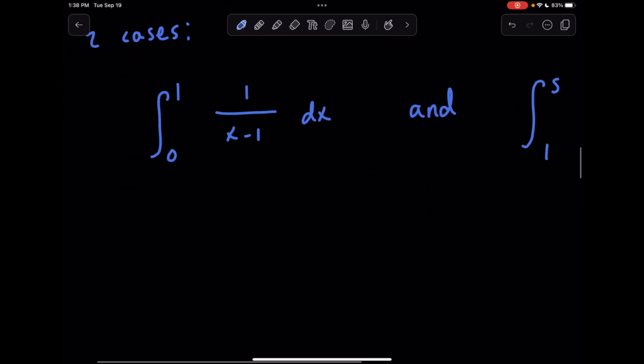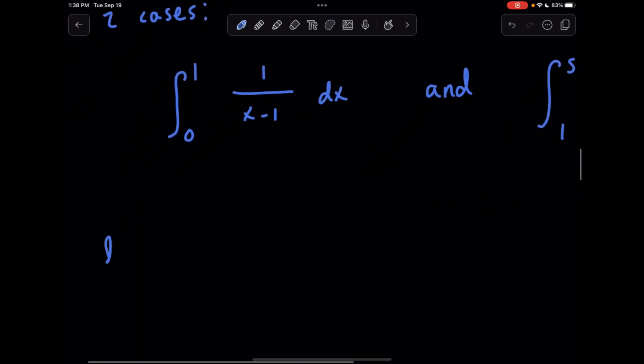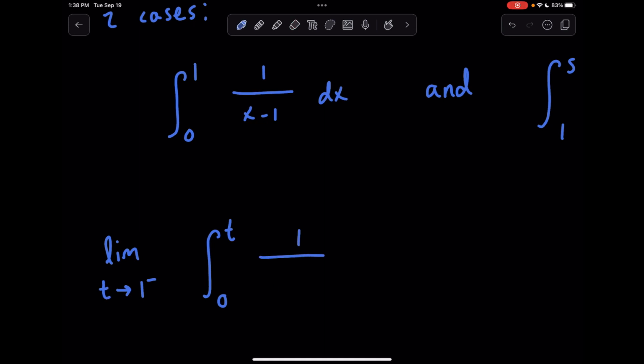So let's look at the first case. We can rewrite this as the limit as t approaches 1 from the left, integral from 0 to t, it should actually be a t, because we're already using the variable x, of 1 over x minus 1 dx.